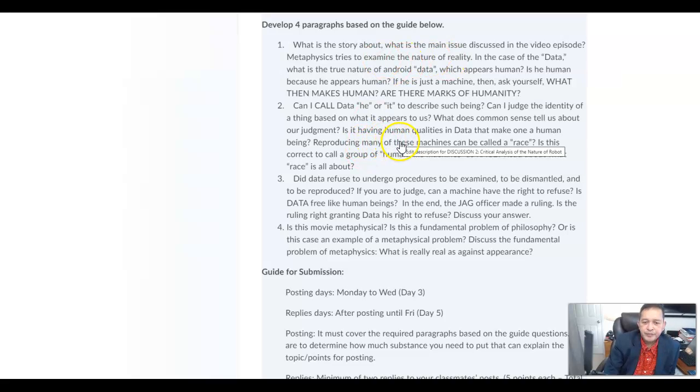Number 2, is Data a he or an it? Is he a man, whose pronoun is he, or is it a robot, like a machine? So you can just say it. Now, the identity of Data: he looks like a human being, but he is a robot.